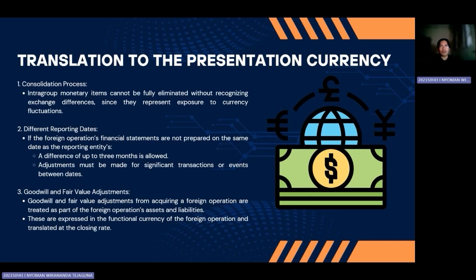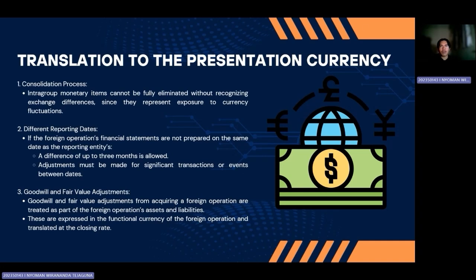When a foreign operation prepares its financial statements on a different reporting date from the parent entity, IAS 21 allows a maximum gap of up to 3 months. However, the reporting entity must make adjustments for any significant transactions or events that occur in the gap between the two dates. This ensures that the consolidated financial statements reflect accurate and up-to-date financial information.